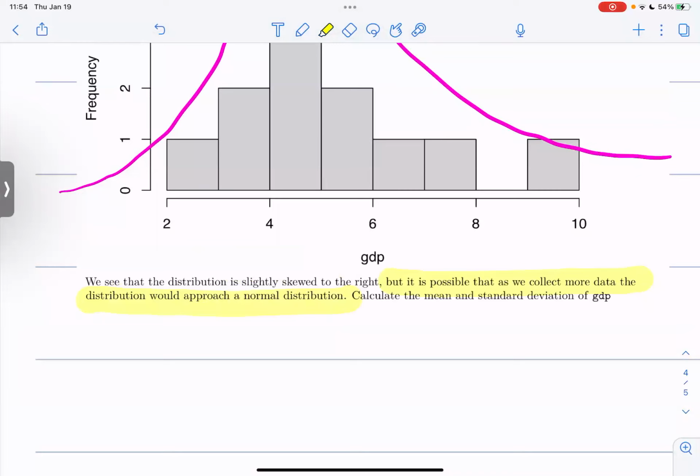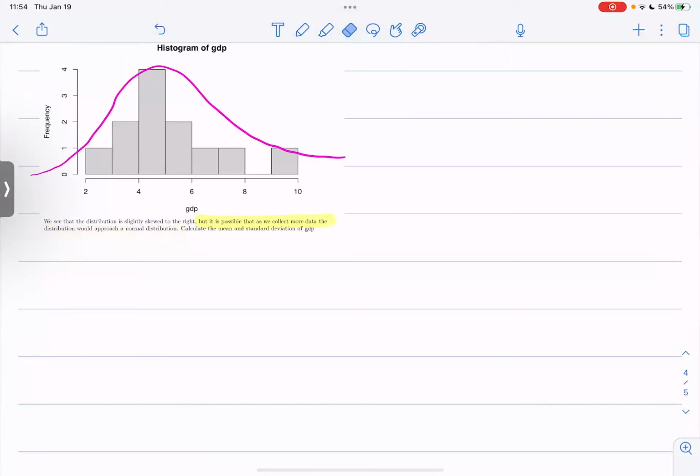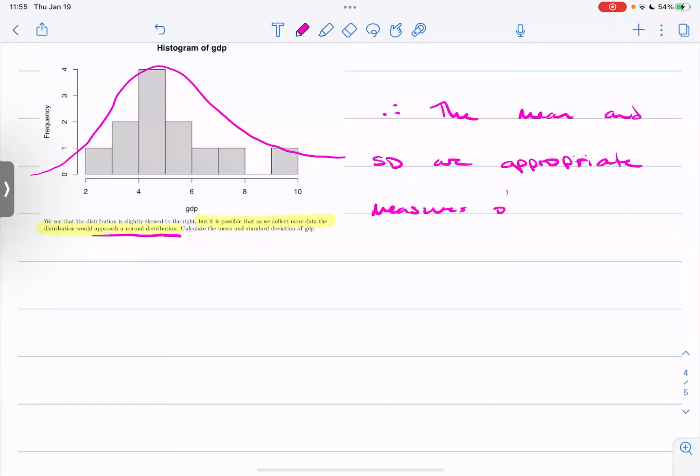And so therefore, the mean and standard deviation are appropriate measures of center and spread.